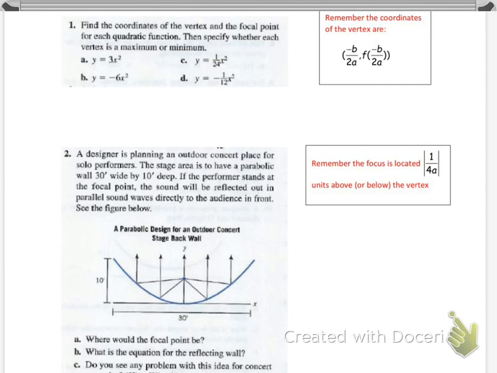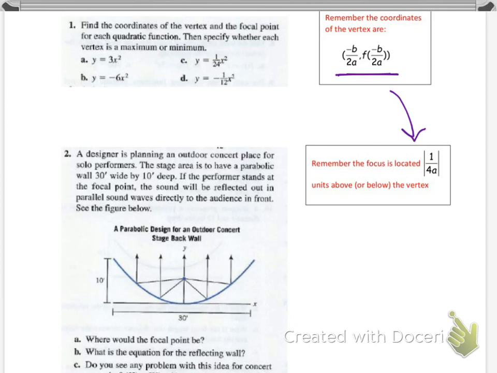Okay, so on this page we have some practice problems. So I would recommend that you do these and make sure that you are understanding the topics that they're covering. So the first one says find the coordinates of the vertex and the focal point for each quadratic function. So I'm reminding you, you get your vertex this way and you get the focal point that way.